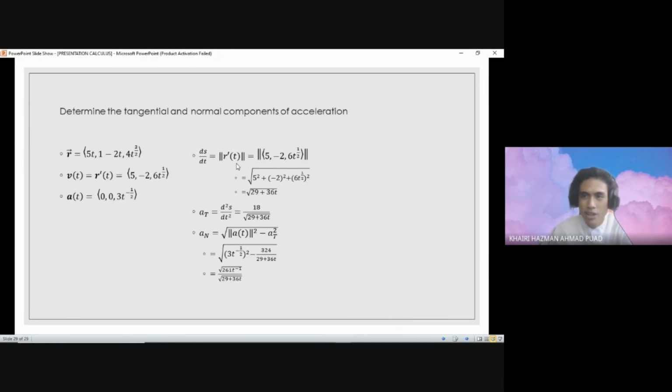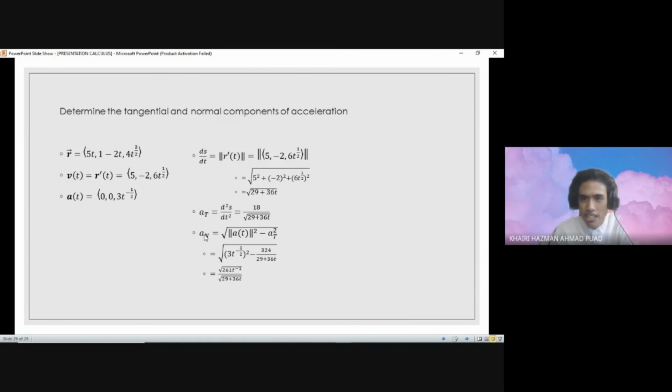To find the tangential component of acceleration, we need to declare the formula, which is a_T equal to d squared s over dt squared. We know that ds over dt is equal to the norm of the first derivative of r, which is the norm of 5, negative 2, 6t to the power of 1 over 2.